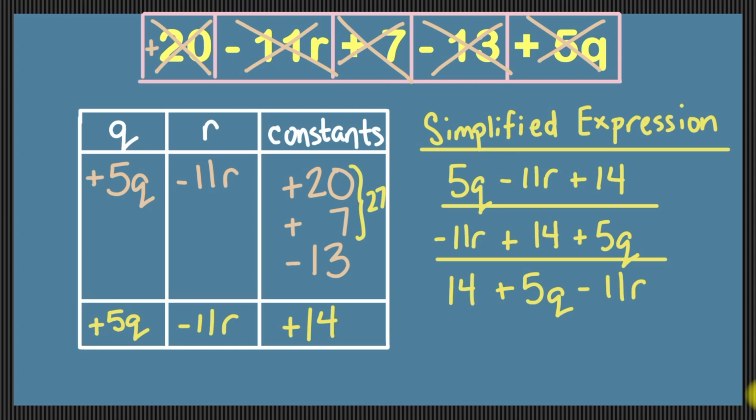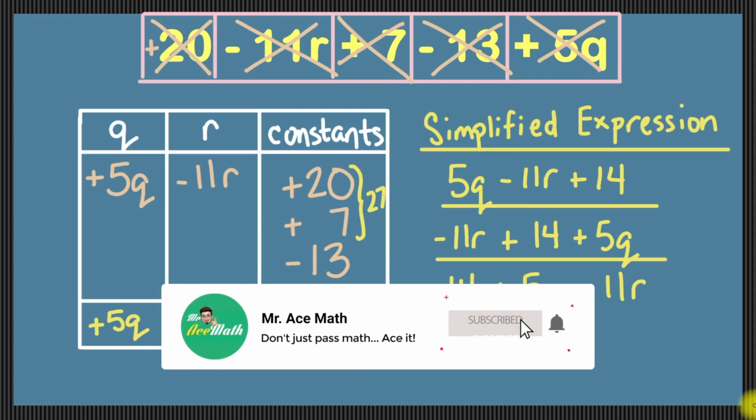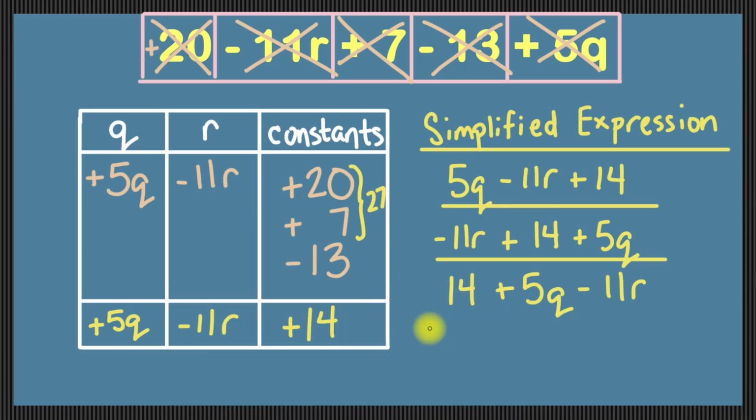Do you see any other ways to write the expression? If you do, put it in the comments below. I'll go over one more. So let's put our r term first. I'll put negative 11r first again, but this time I'm not going to go to positive 14. I'll put 5q next. Negative 11r plus 5q plus 14.